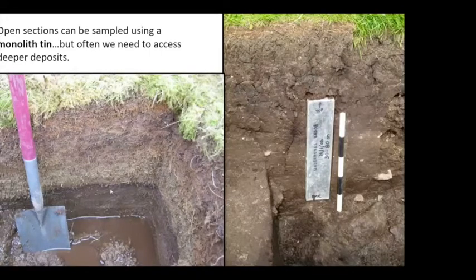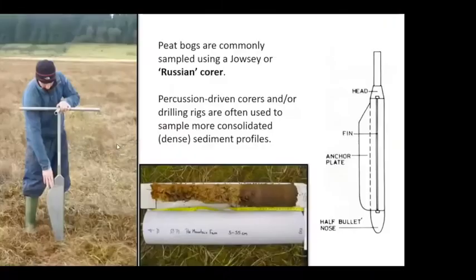But of course, this only allows us access to the surface deposits, really. I don't know if anybody has tried digging a hole that's much deeper than about half a metre. It's quite difficult. So we need ways of accessing the peat that is much deeper. You can see a picture of myself using a piece of sampling equipment known as a Jowsey or Russian corer.